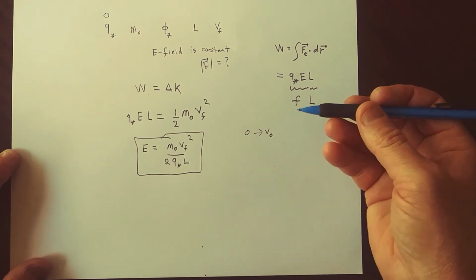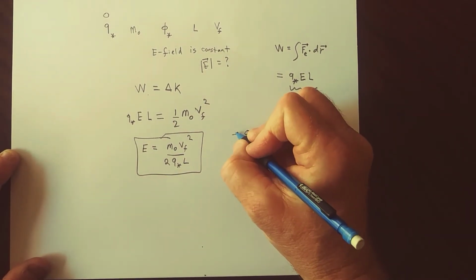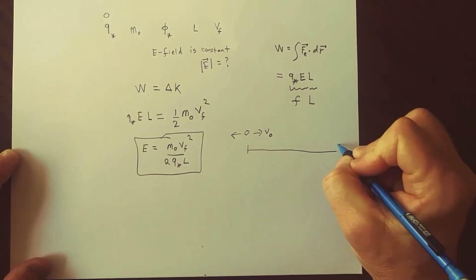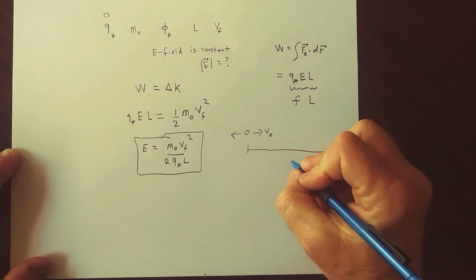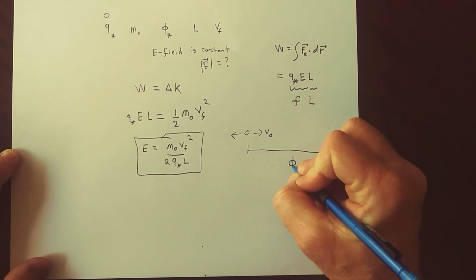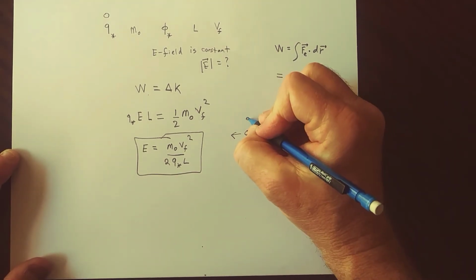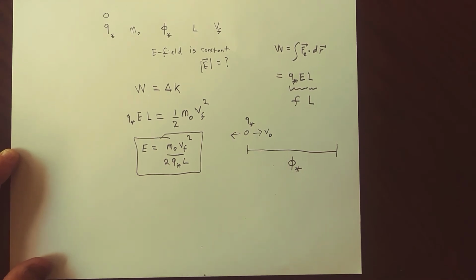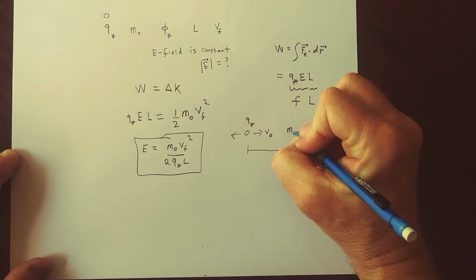So there's an electric field that is opposite to that direction, so it's that way, but we know that it goes through a potential difference of magnitude psi star, and it's the same particle, so it has charge Q star, and its mass is the same, so it's m naught.